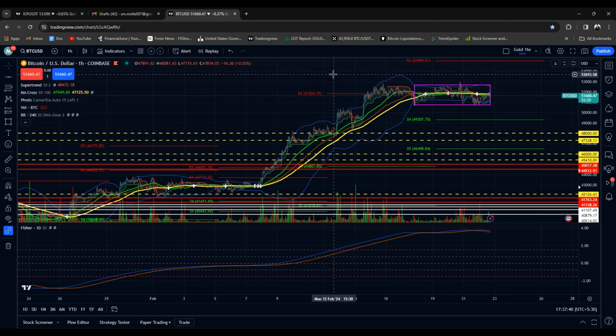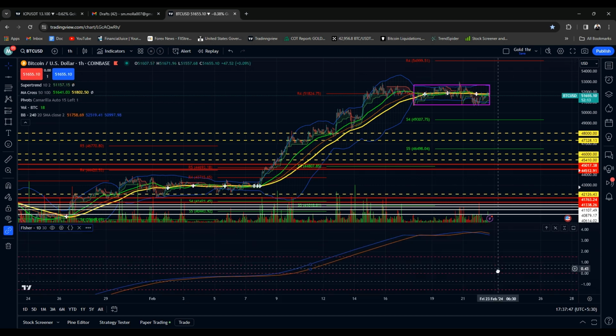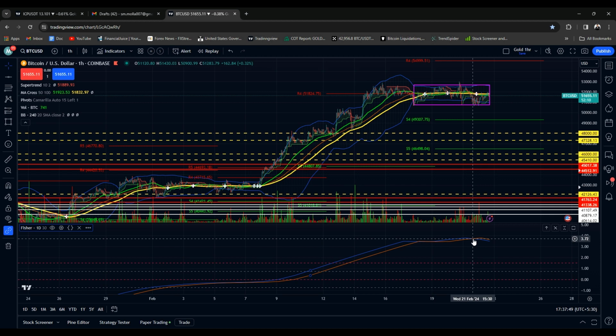Now how are we going to analyze what side of the market we are on? Our hourly pattern tells us that the Fisher is down.